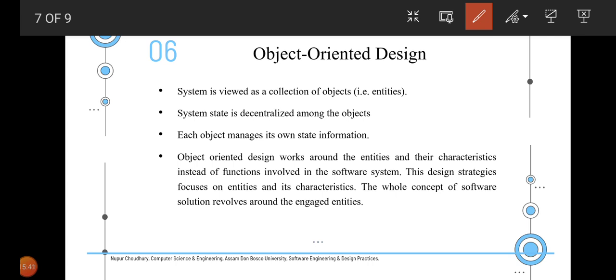So object oriented design works around the entities and their characteristics instead of the functions involved in the software system. This design strategy focuses on entities and their characteristics. The whole concept of the software solution revolves around the engaged entities. So object oriented design has minimum to do with the functions which are associated with developing that project.